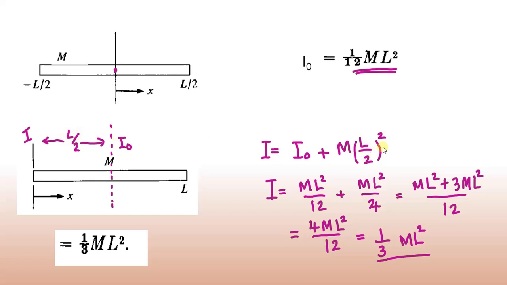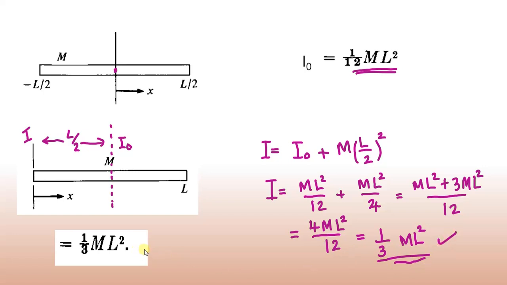So, I is equal to ml squared by 12 plus ml squared by 4. The LCM is 12, so we multiply the numerator of the second term by 3: ml squared plus 3 ml squared gives 4 ml squared by 12, that is 1 by 3 ml squared.